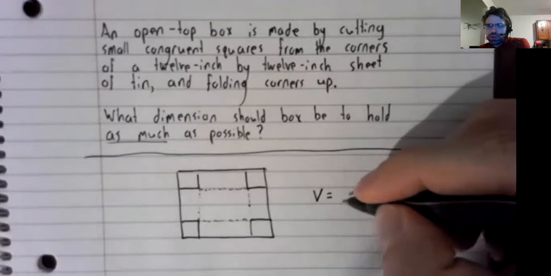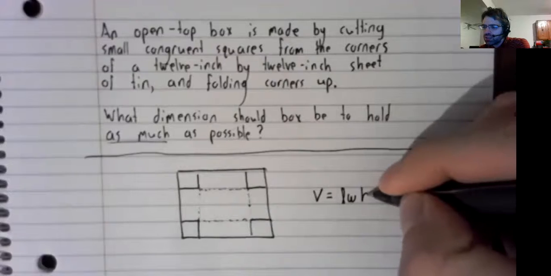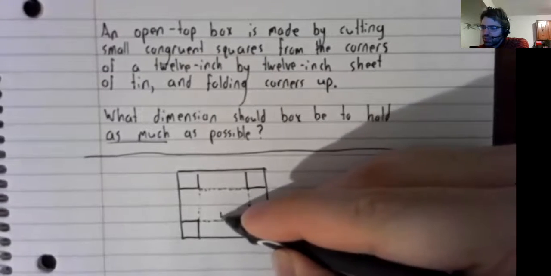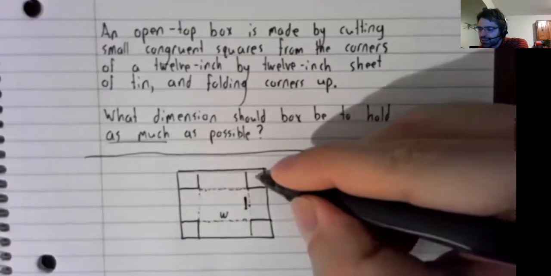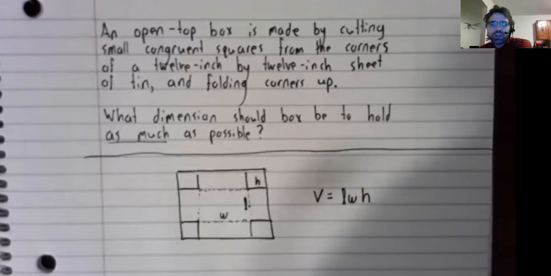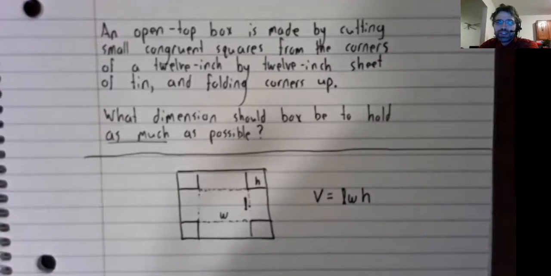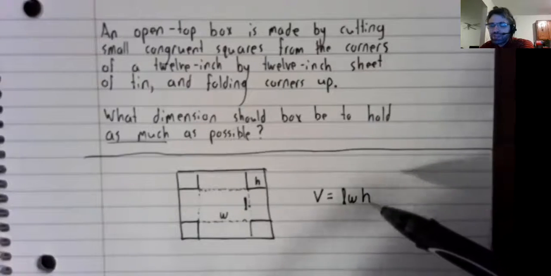So the volume of a box is the length times the width times the height. One of these is the width, the other is the length. This is the height. So we don't want 3 variables, we want 1 variable. Let's try to do better than this.